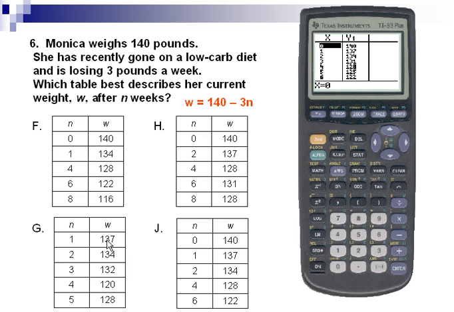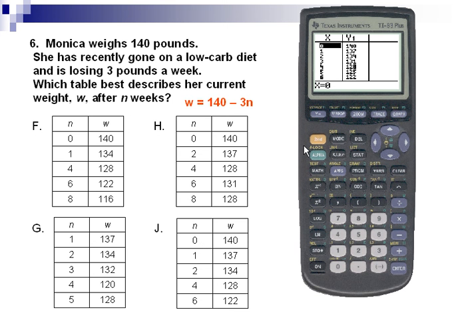Looking at G, 1 is 137. On our calculator, 1 is also 137. 2 is 134, 2 is 134. 3 is 132, but on our calculator 3 is 131. So G cannot be our answer.